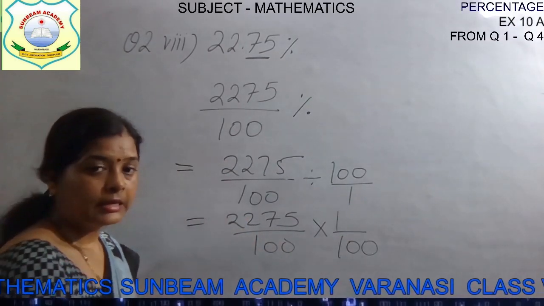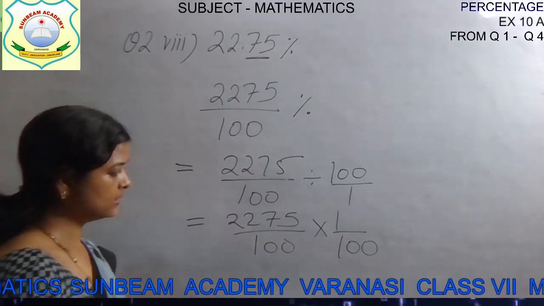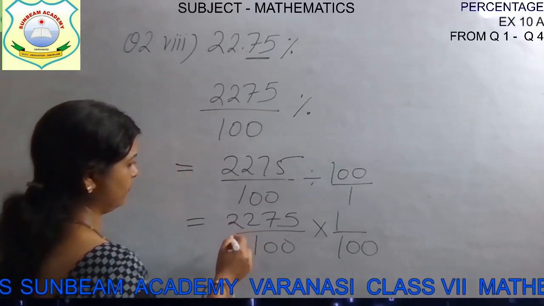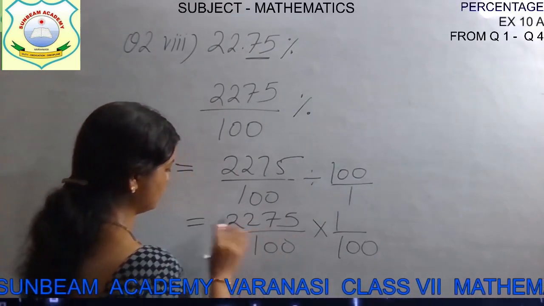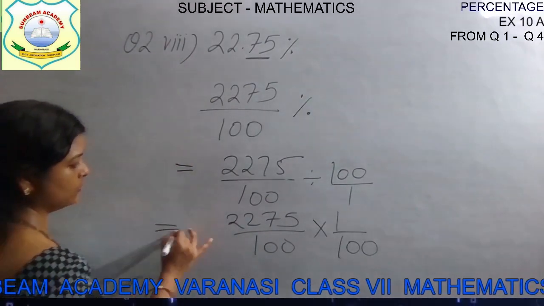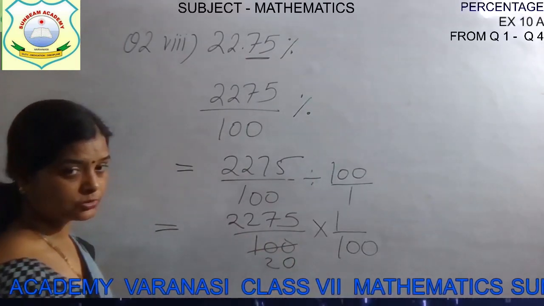Can we simplify it further? Yes. Through 5 we can simplify it. Let me solve, it will be a tricky one. Equal to. Now 5 2s are 10 and 0. It is 20.